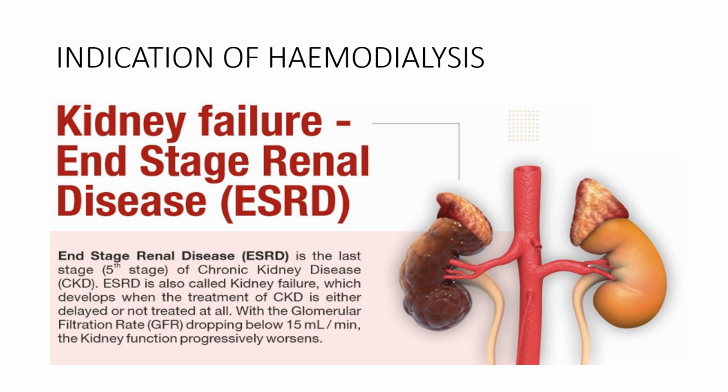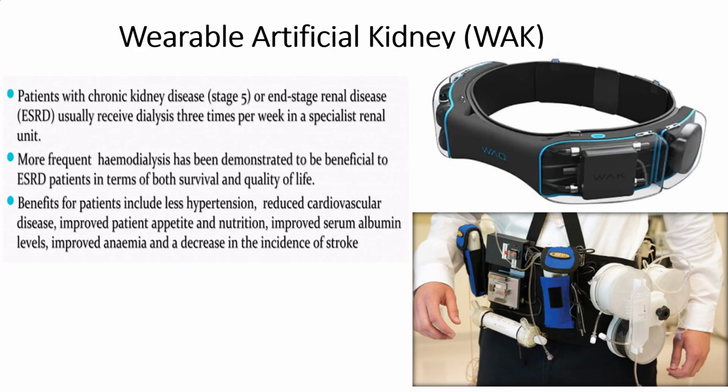ESRD is also called kidney failure, which develops when the treatment of chronic kidney disease is either delayed or not treated at all. With the GFR rate dropping below 15 millimoles per minute, the kidney function progressively gets worse. So these are the indications of hemodialysis.